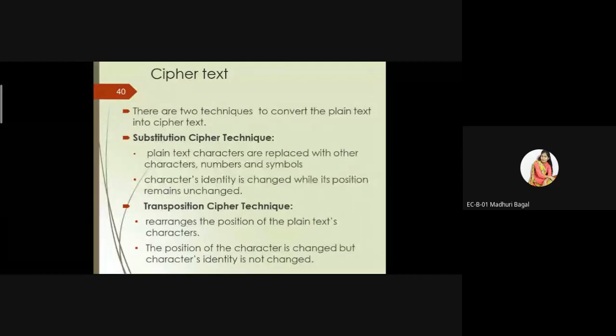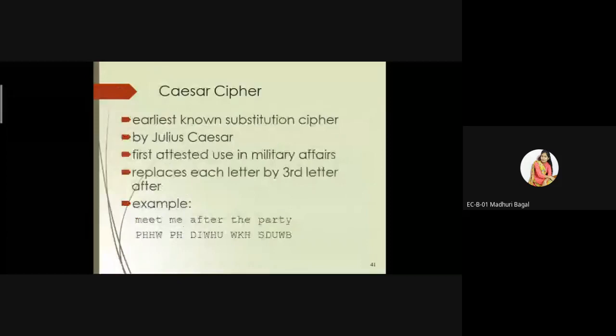Everyone listen carefully. The first algorithm is the Caesar cipher. We use these algorithms because we have to protect our data or our information.